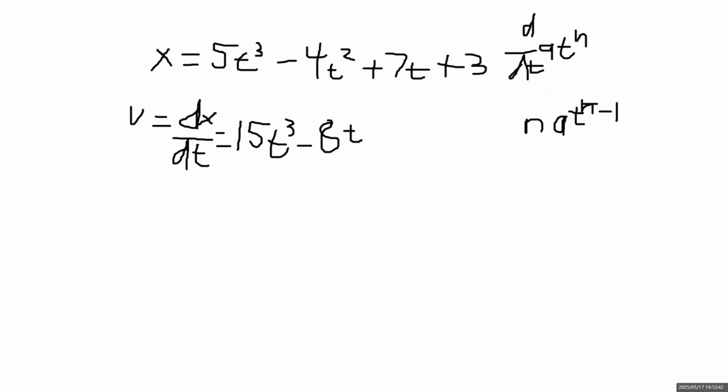If we make n as 1, the 1 comes down here, and 1 minus 1 is 0. T to the 0 power is just 1. So this is just 1 times 7, which is 7, times t to the 0, which is 1, is redundant. Now, 3 is a constant. What's the derivative of a constant? Nothing changes, so its derivative is 0, and so that's redundant.